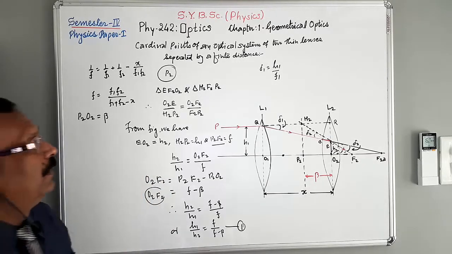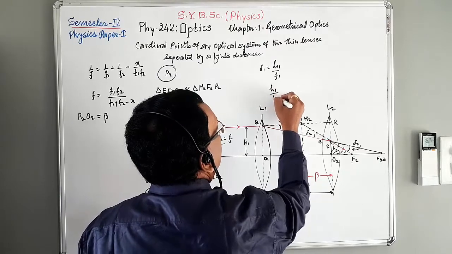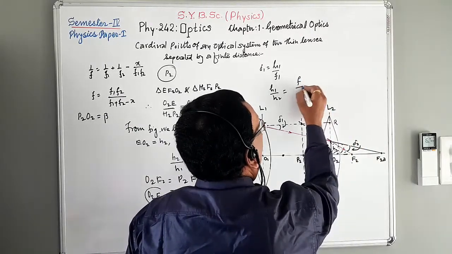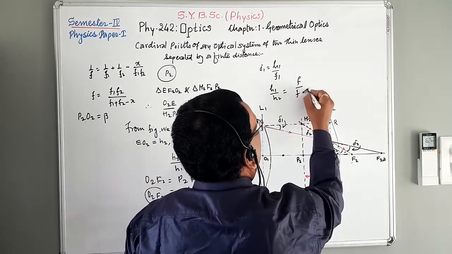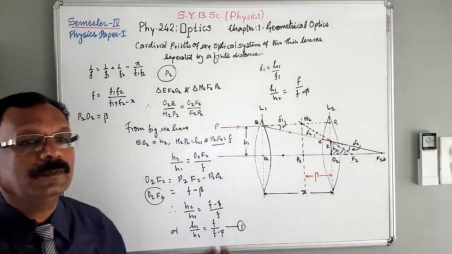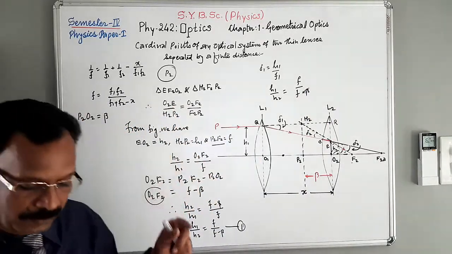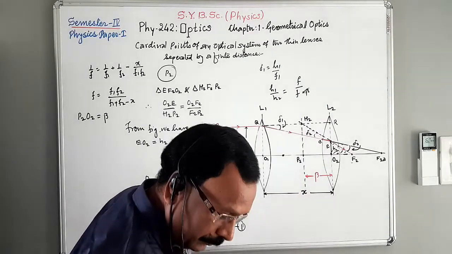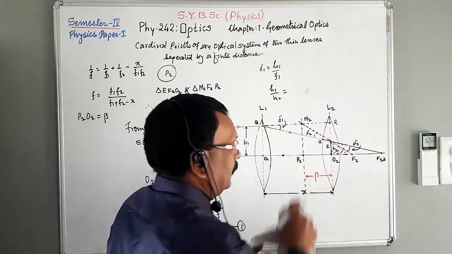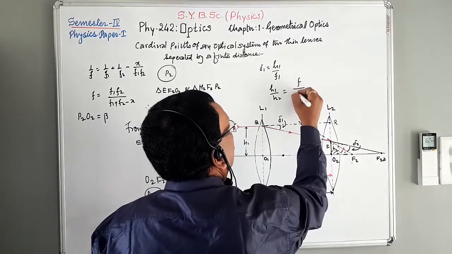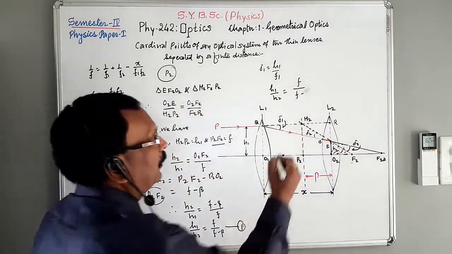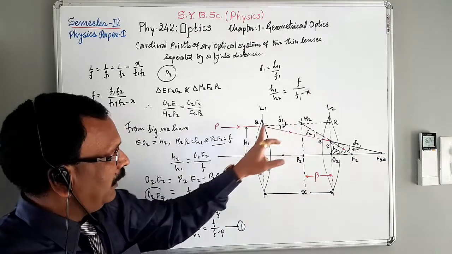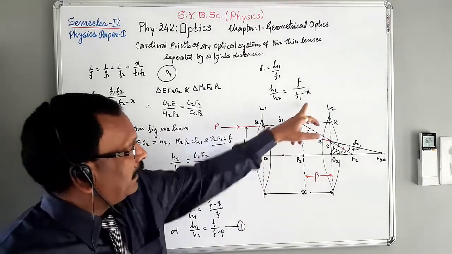We also studied that H1 upon H2 is equal to F upon F1 minus X, where F is the focal length of the equivalent lens placed at this position, F1 is the focal length of this lens L1, and X is the distance of separation.